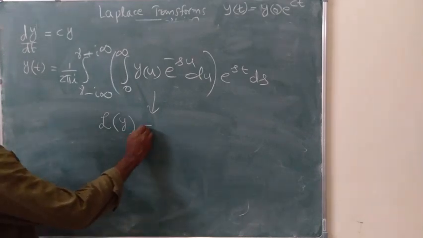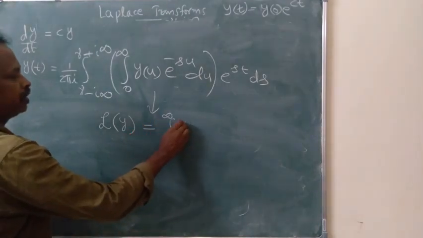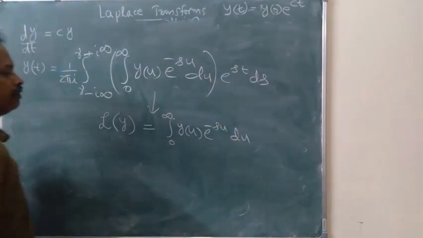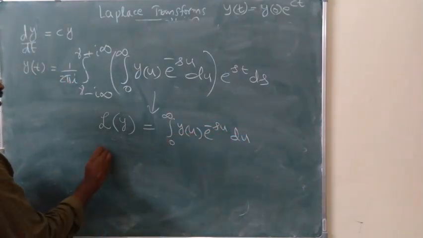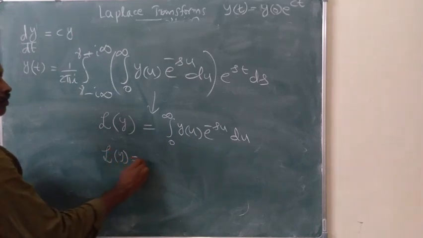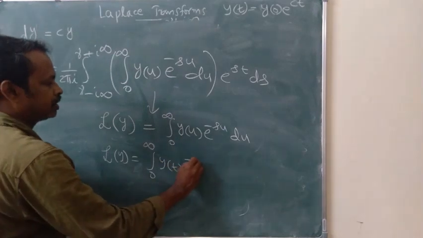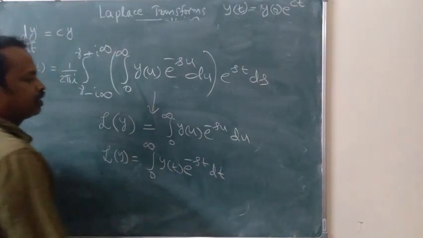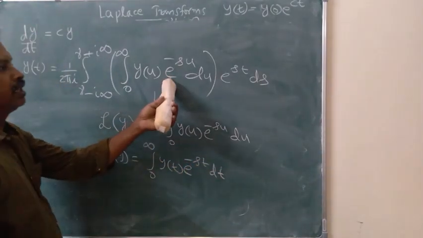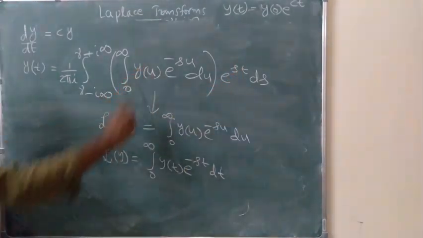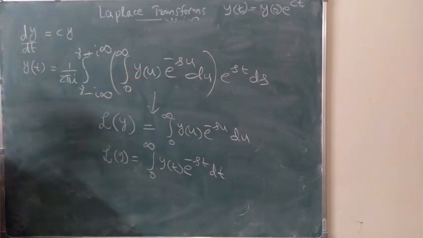So L of y is defined as integral 0 to infinity y of u e to the power minus su du. We can very well use the variable t here, that is, we will define L of y as integral 0 to infinity yt e to the power minus st dt. The reason why we didn't do that here is because we have already used a t here, so that is why we used the variable u.